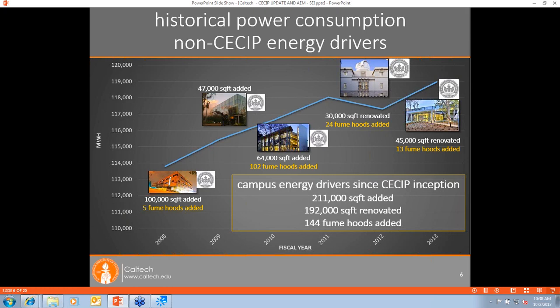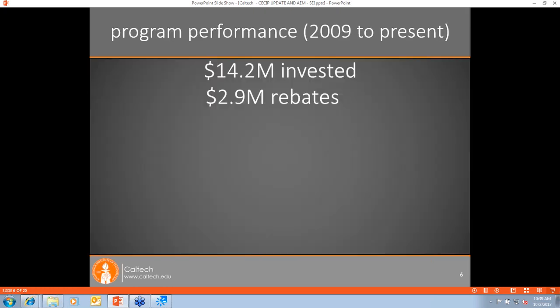This is that same strip of time, 2008 to 13. During this time, a lot of things are happening. We have new square footage coming. In 2008, 2009, 2010, we have a little flurry of new structures coming online. Notably, we're calling out the number of fume hoods that are adding to our mix.